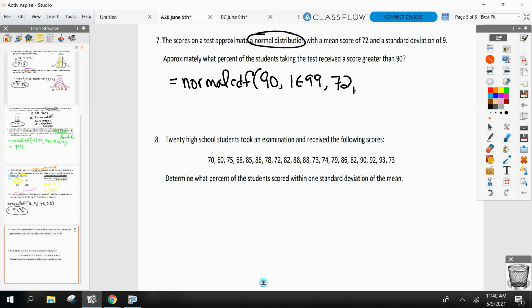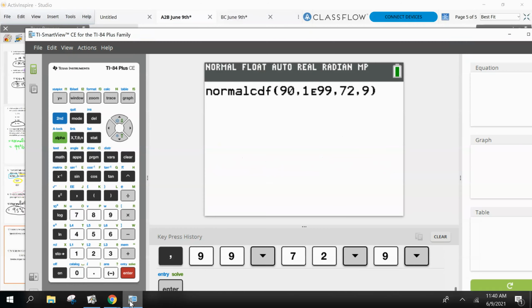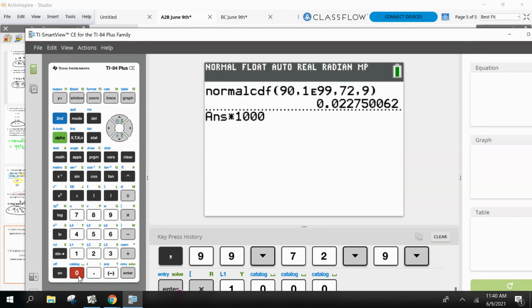And it says approximately, I'm going to tell you nearest tenth of a percent. Remember to multiply it by 100 to get it into percent form.